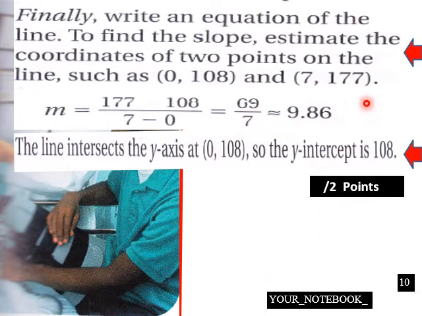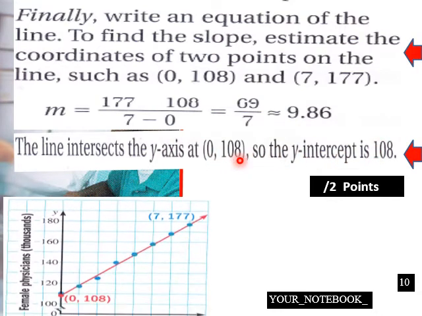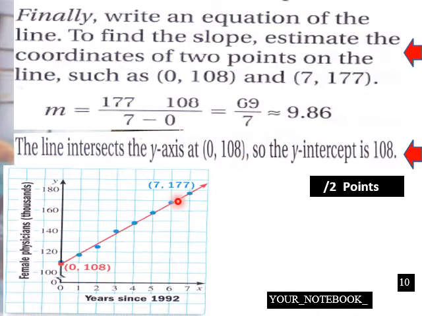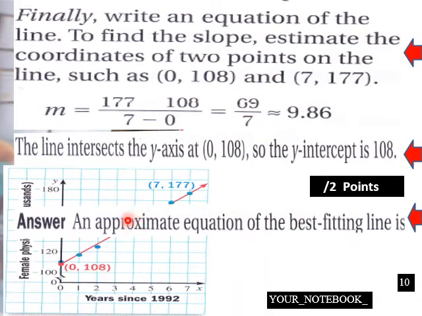So there's our m, and our b is 108. That's our y-intercept. So now we can write an equation. The approximate equation of the best fitting line would be y equals 9.86x plus 108.